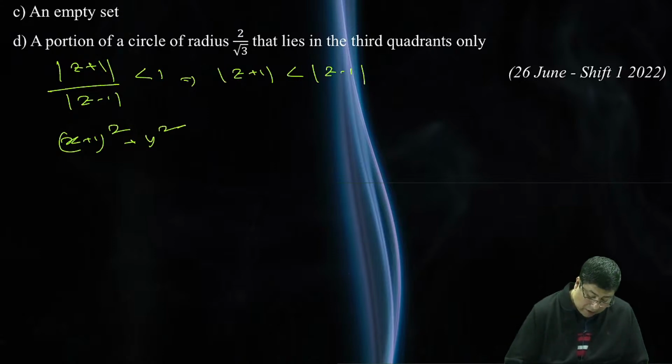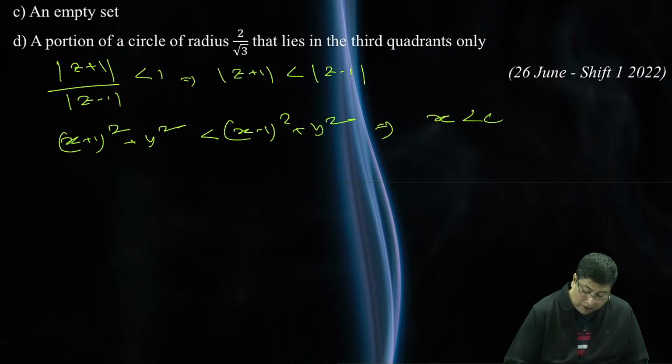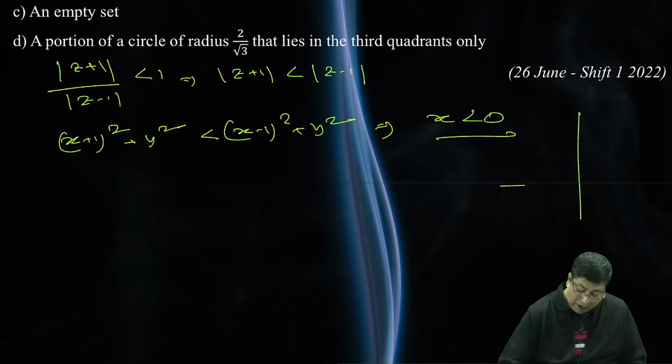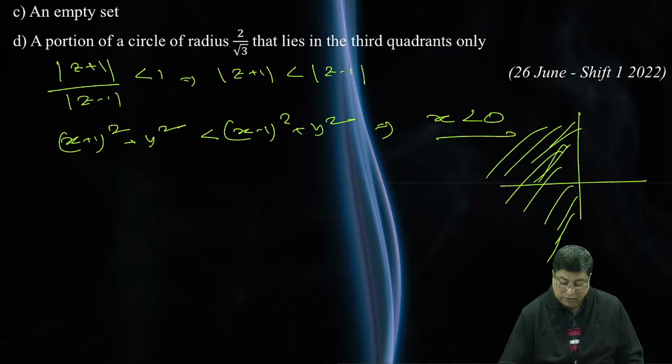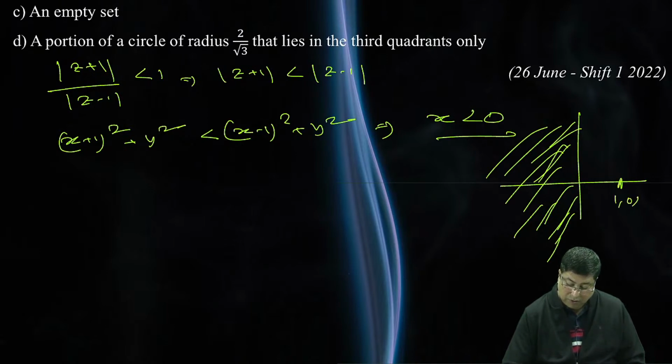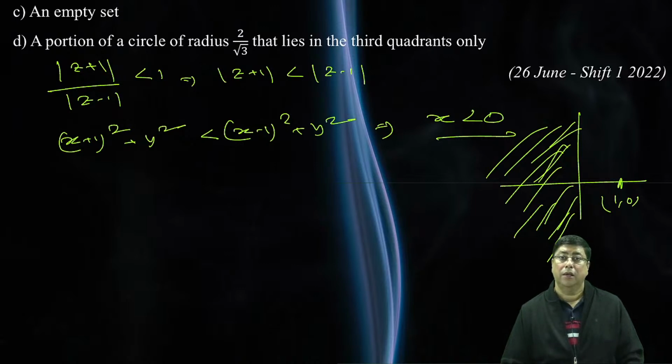So x is less than 0. It means the shaded area is on this side. This is the set of all the points satisfying this. Suppose this is 1 comma 0. It is not there in the set A. All points on the left side of the y axis.